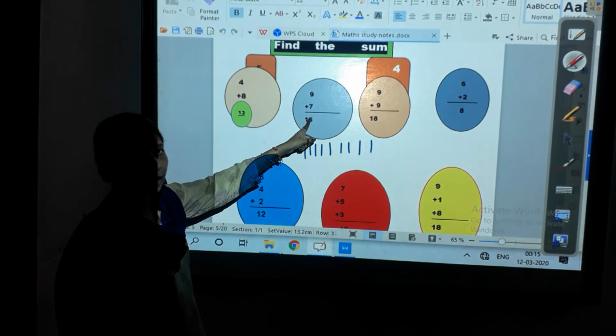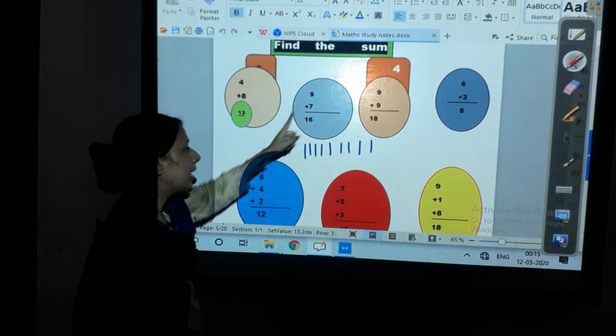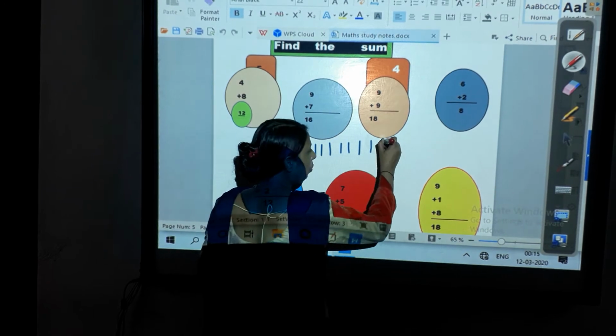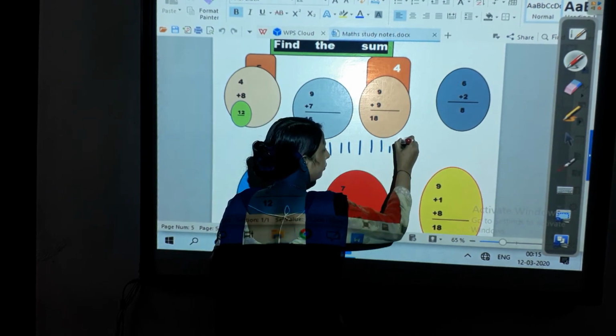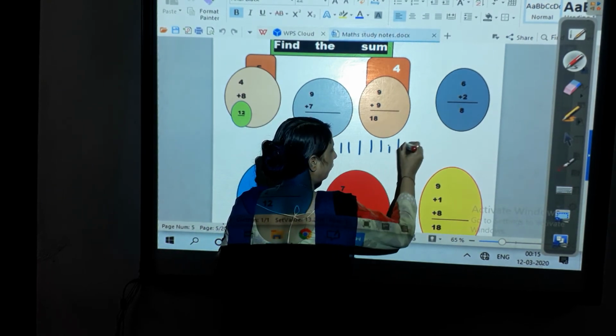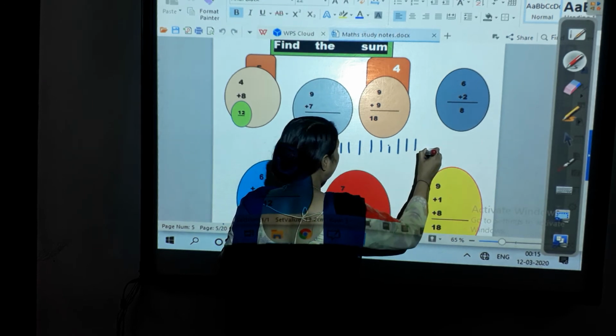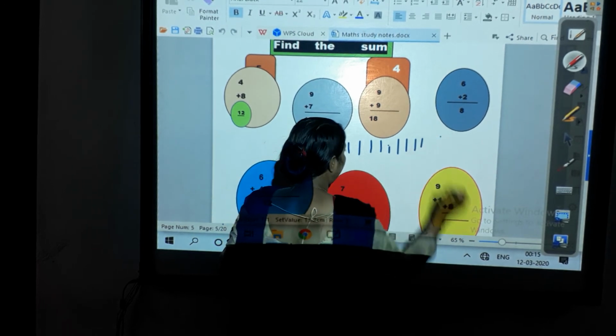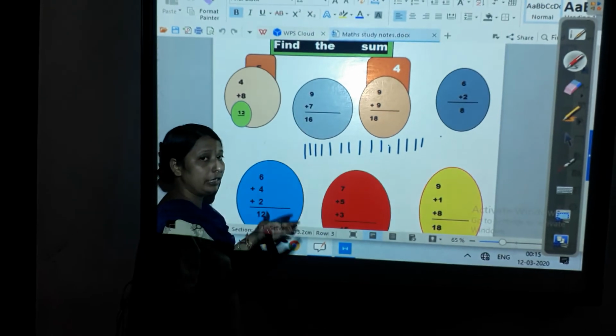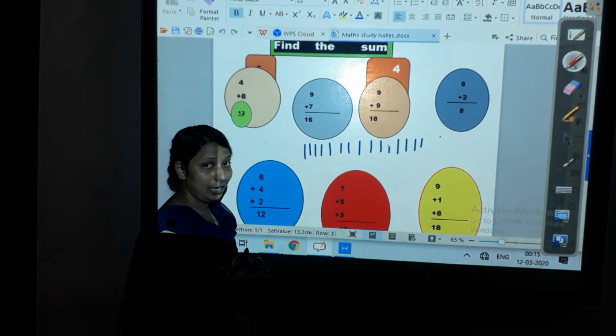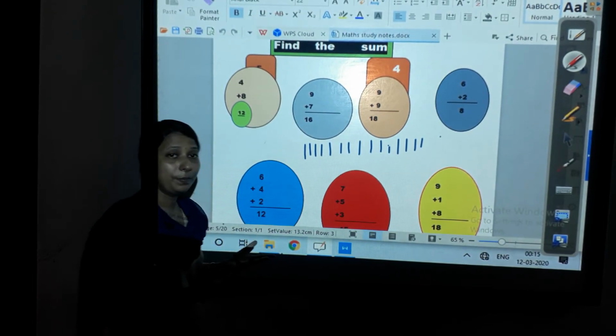Then what is the next addend? The next addend is 7. So 1, 2, 3, 4, 5, 6, 7. So if we add it together, let us see what number will come.